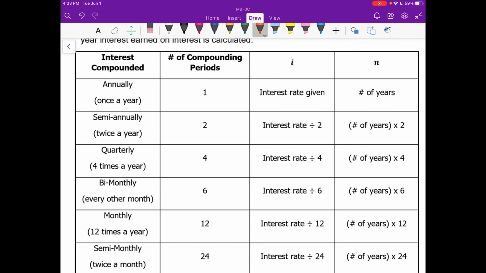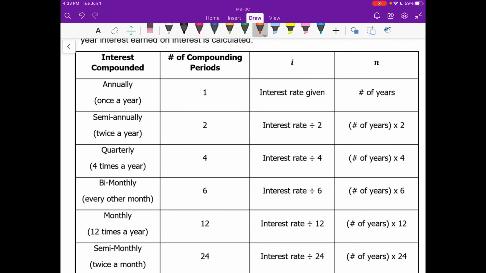At the end of the year, they take the amount you have, add interest to it, and you reinvest it. So with one compounding period, you leave the interest the same, and n is the number of years. Say you leave something in your account for 6 years, compounded annually, n will be 6, and i will be whatever the interest rate is.